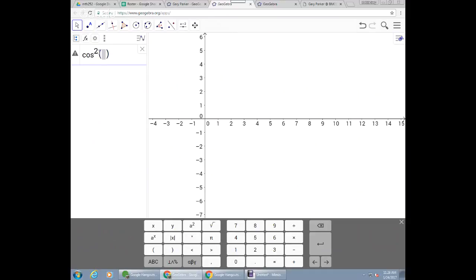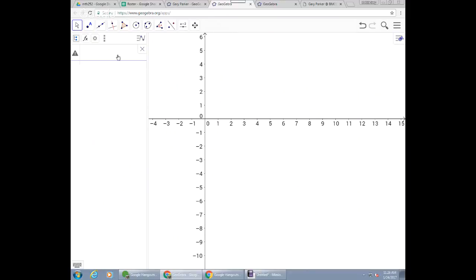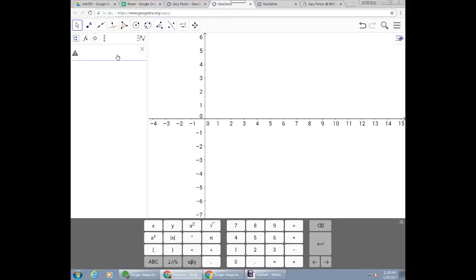Squared of x. Oh, GeoGebra is not happy about that. Interesting. Now it's just totally mad at me and it refuses to cooperate. Cosine of x squared. Okay, there we go.